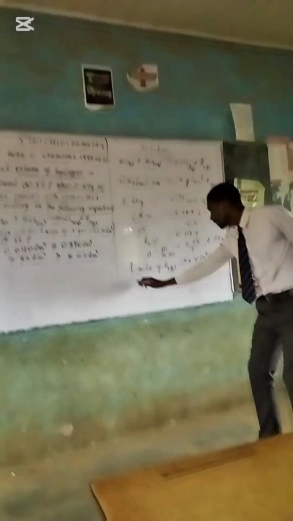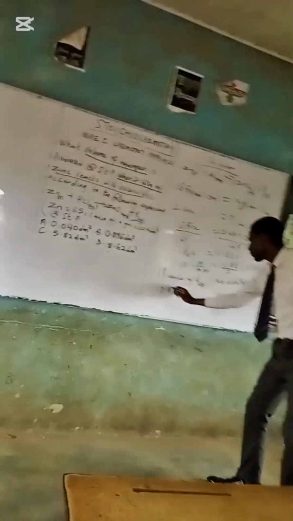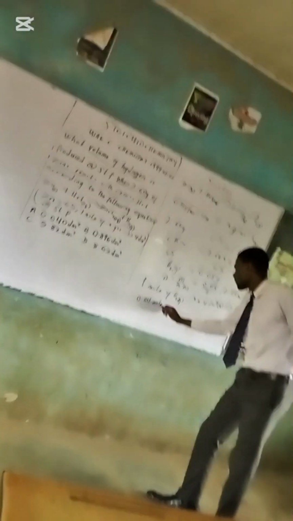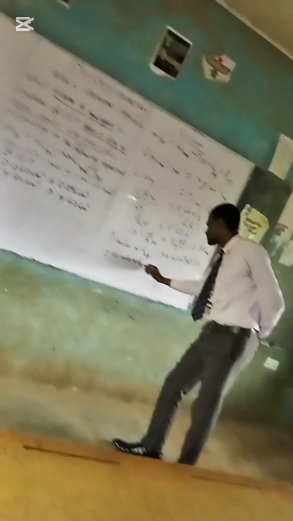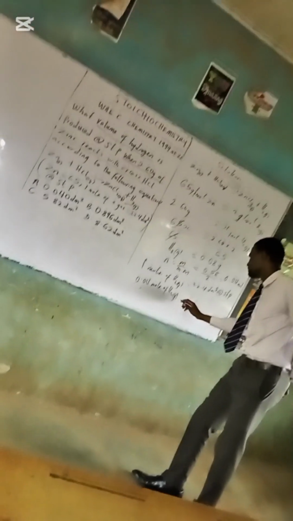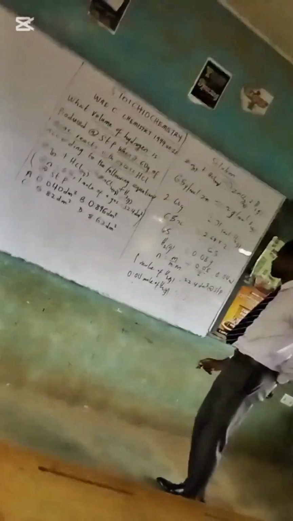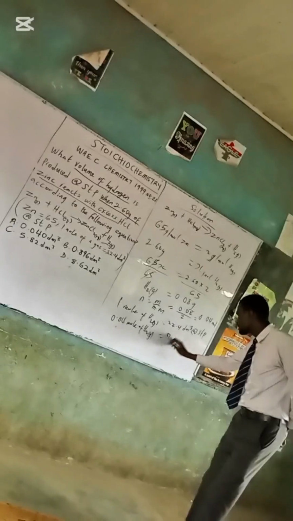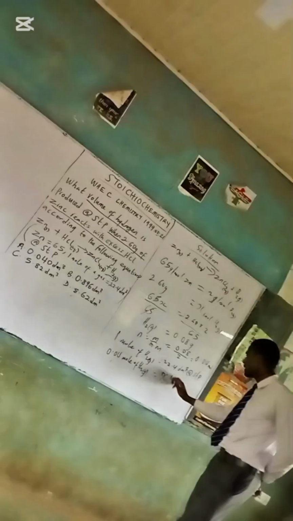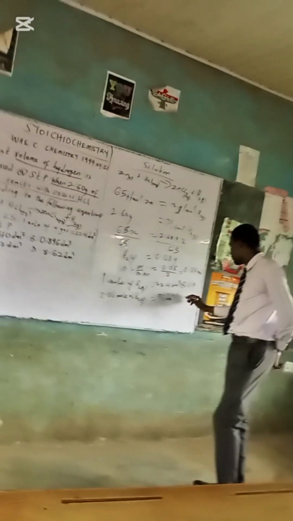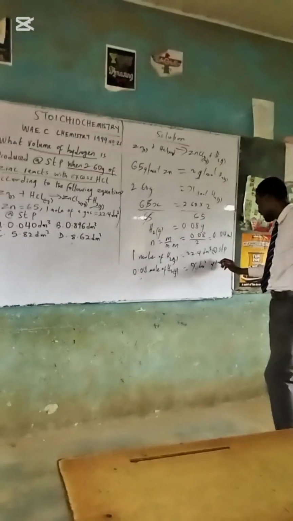So bring the mole here, 0.04 mole of hydrogen gas equals x, that is the unknown volume of hydrogen gas at STP.